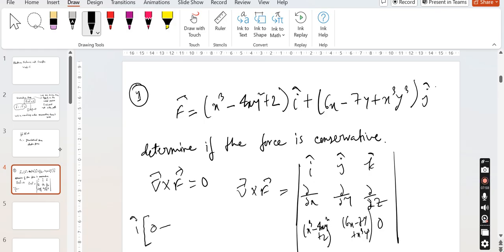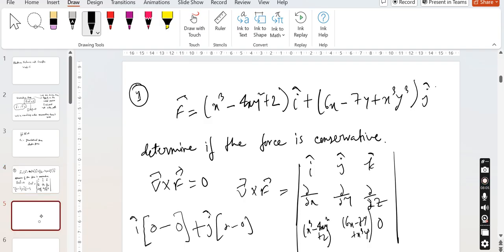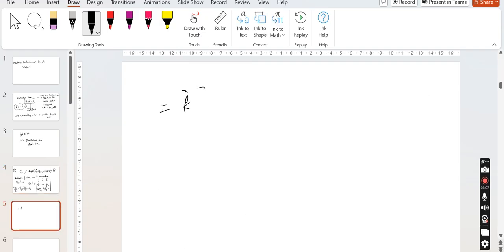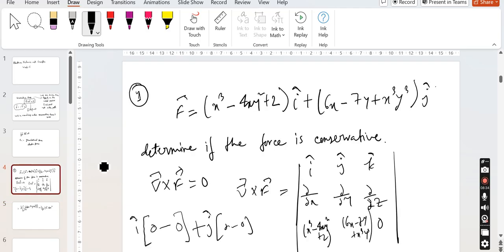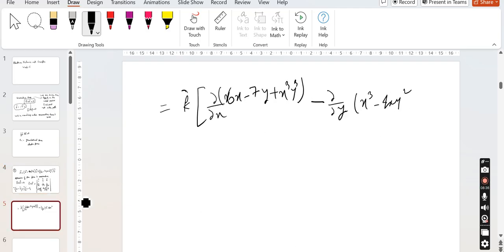There is no z variable, so that will be 0. Same for j, it will be 0. Only the k component, or z component, will survive. So what will that be? Del x of 6x minus 7y plus x cube y cube, minus del y of x cube minus 4xy square plus 2.